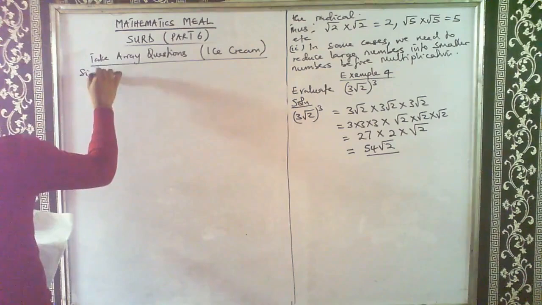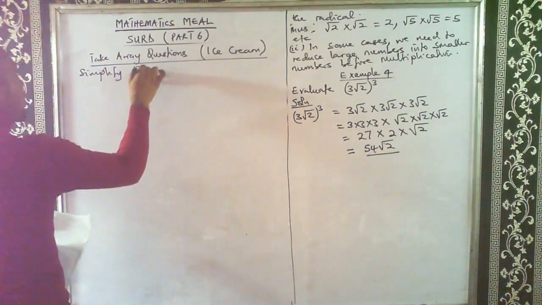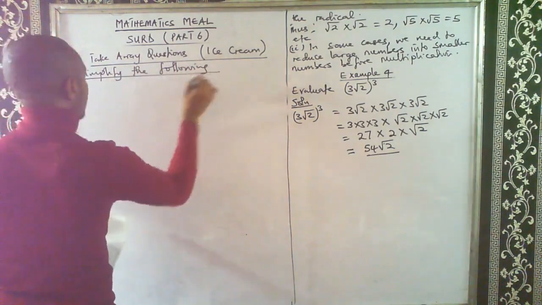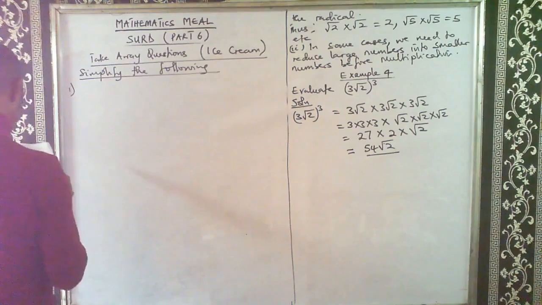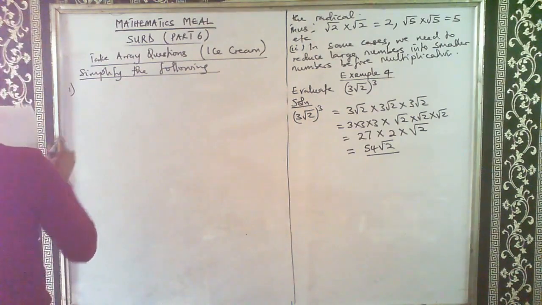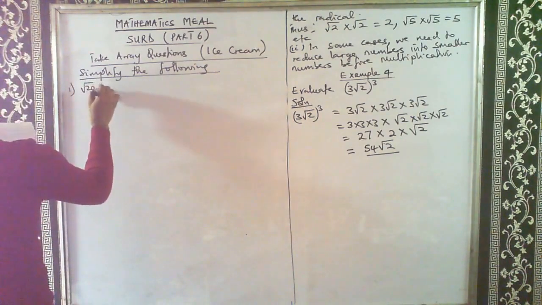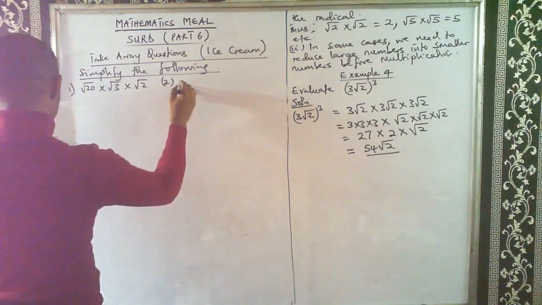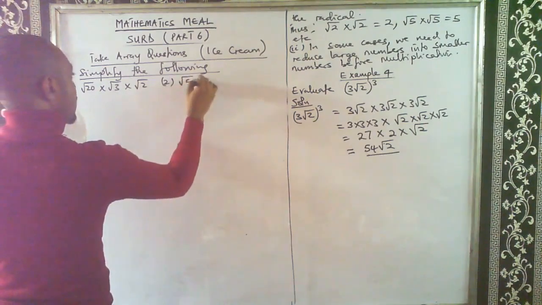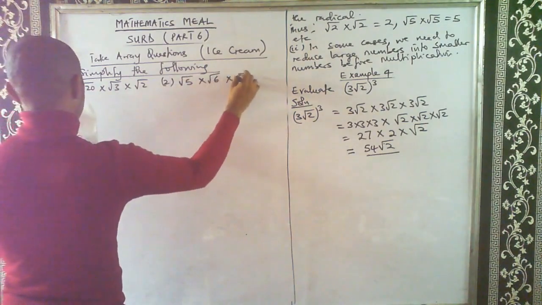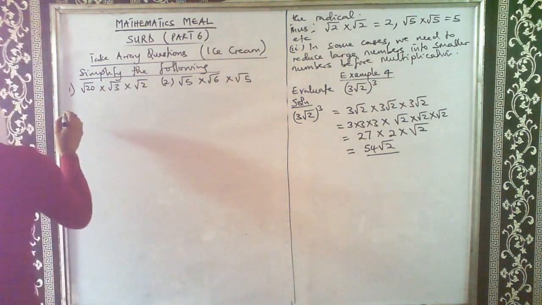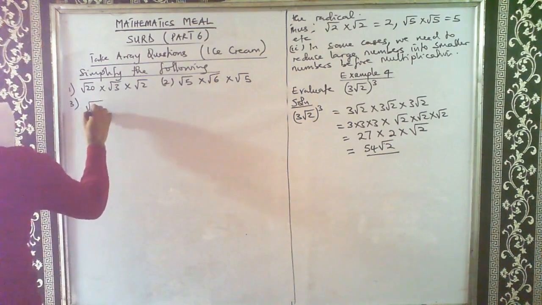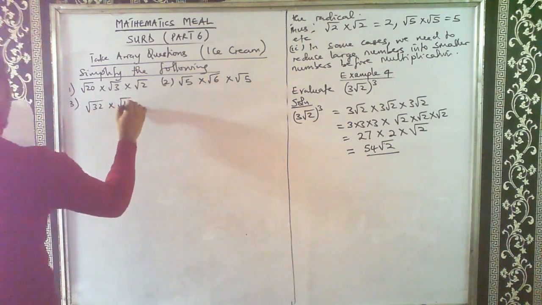Simplify the following. Number 1: square root of 20 times square root of 3 times square root of 2. Number 2: square root of 5 times square root of 6 times square root of 5. Number 3: square root of 32 times square root of 12.